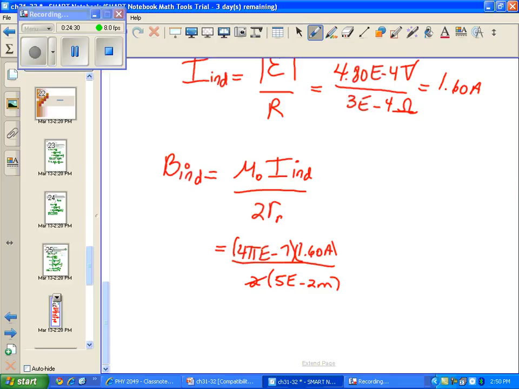Well, let's see, this 2 cancels 2 of those. We multiply our terms and we get 2.01 e to the minus 5 Tesla.